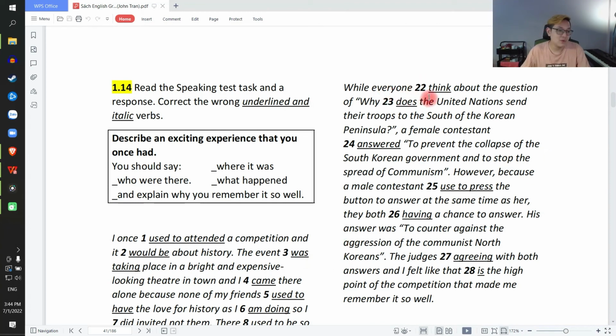While everyone was thinking about the question of why did the United Nations send their troops to the south of the Korean peninsula, a female contestant answered, to prevent the collapse of the South Korean government and to stop the spread of communism.